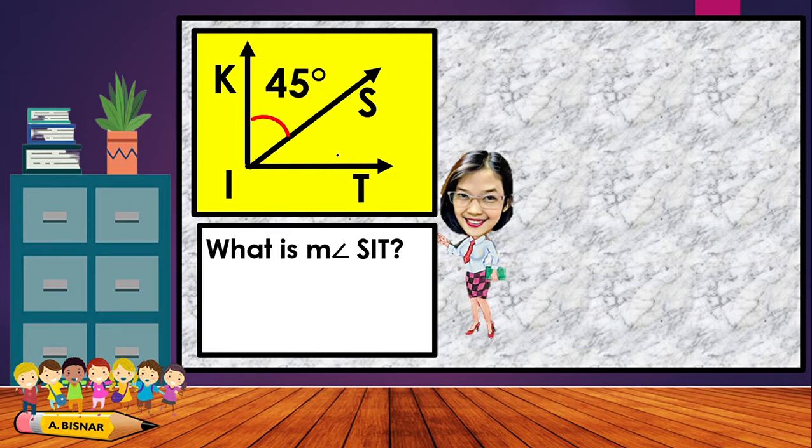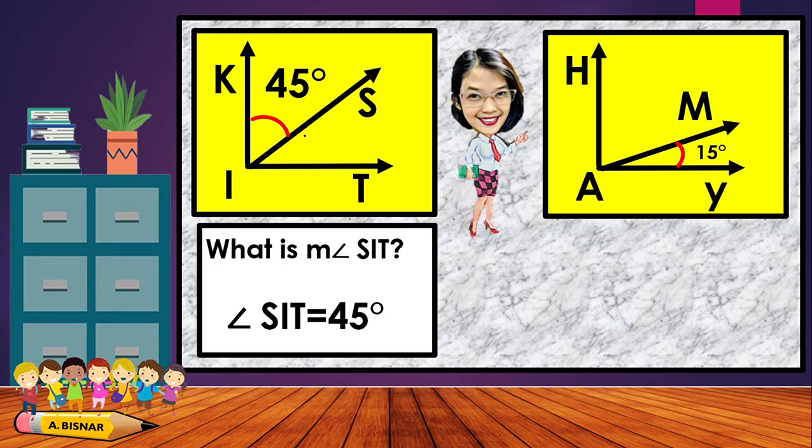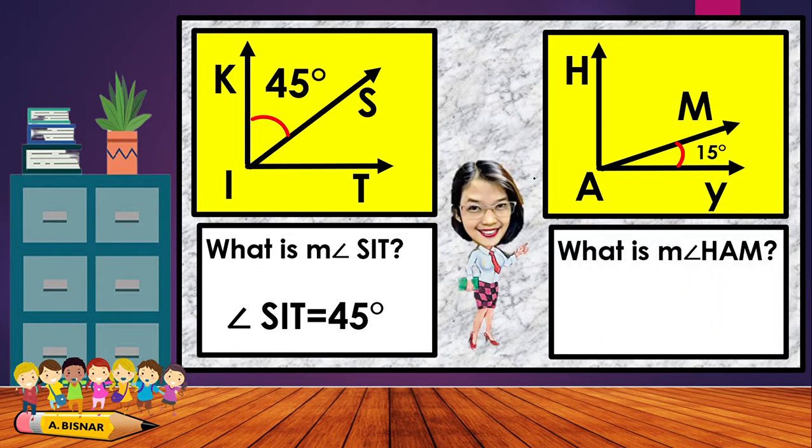That's correct. Angle SIP is equivalent to 45 degrees, simply because you will subtract 45 degrees from 90 degrees. How about this one? What will be the measure of HAM if the measure of angle MAY is 15 degrees?